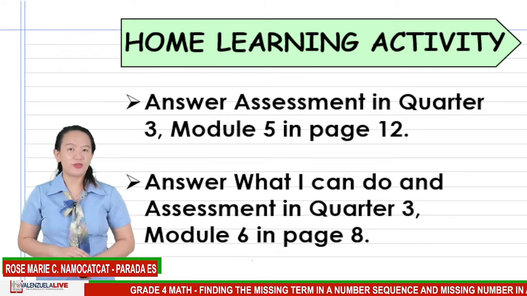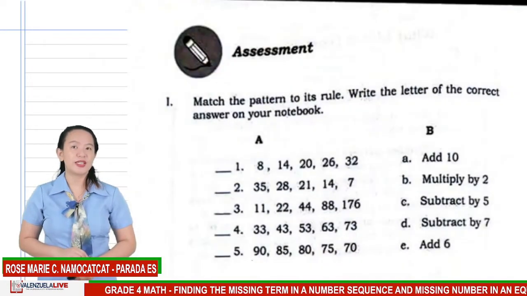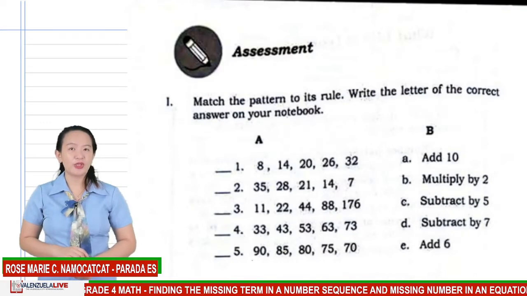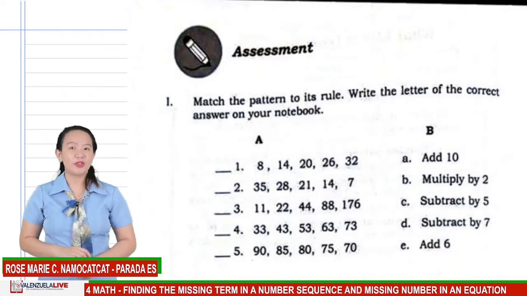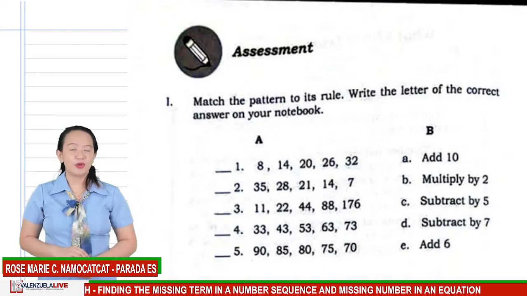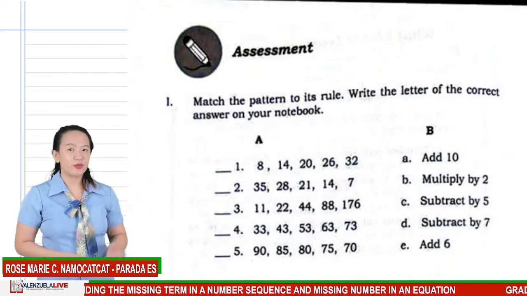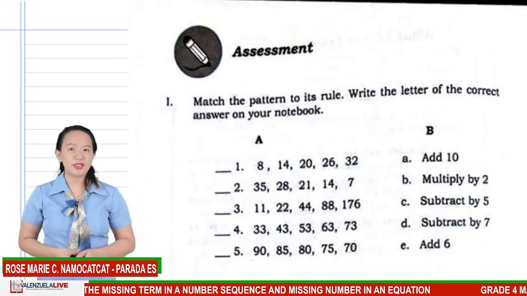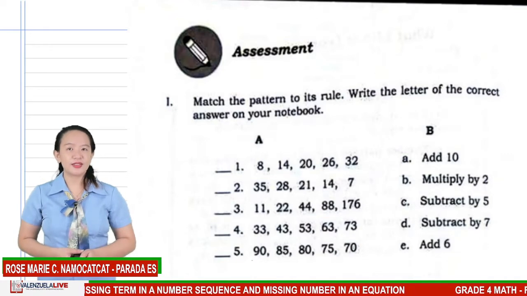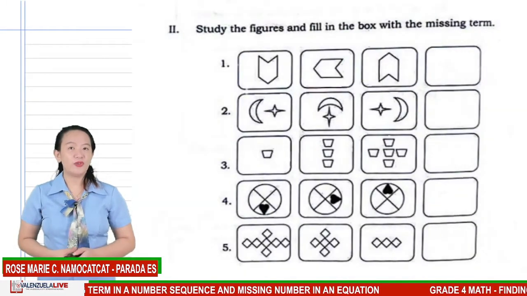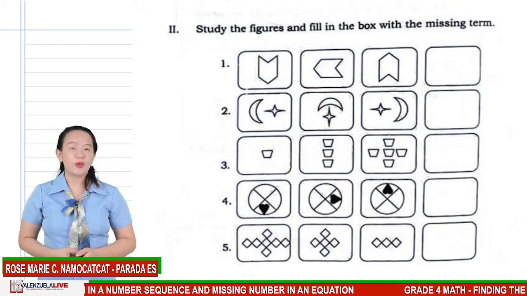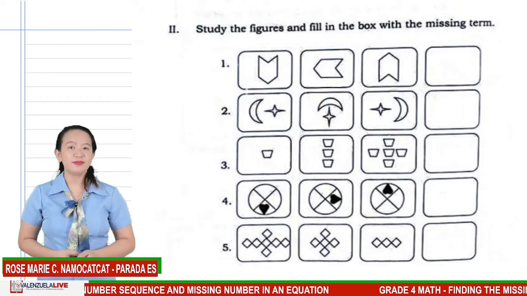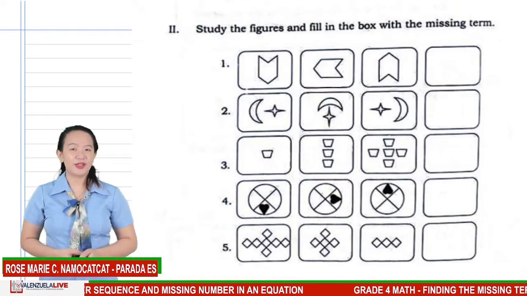For the first one, here is your assessment. Match the pattern to its rule. Write the letter of the correct answer in your notebook. Kindly screenshot this one so that you can answer it. Okay, next is to study the figures and fill in the box with the missing term. Okay, are you done?